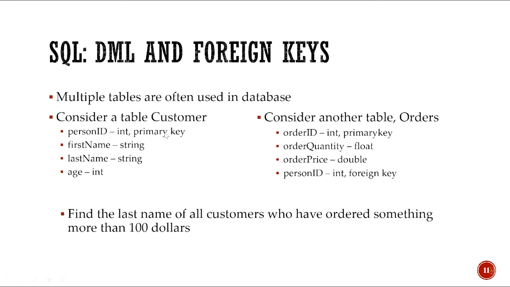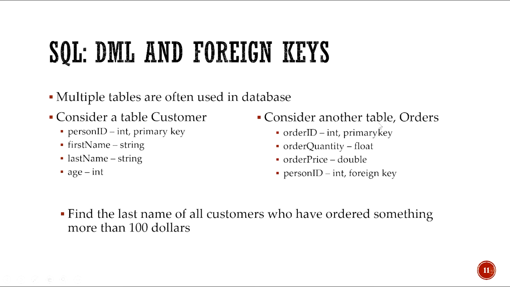Now let's look at an example when we want to apply the select statement and condition to multiple tables. So multiple tables are often used in a database, and here you can see an example. Consider a table customer, person ID, the data type or domain type is integer, and that's the primary key for this table. There are 3 attributes or columns: first name, a string; last name, a string; and age, an integer number.